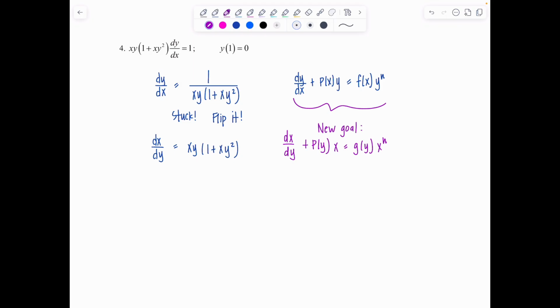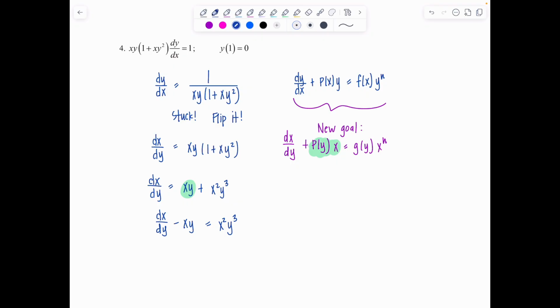I think so. I mean, I wouldn't have told you to flip it if it was going nowhere. Okay, so dx/dy equals xy plus x squared y cubed. Okay, so the term with plain old x needs to go on the left. See that? Okay, so dx/dy minus xy equals x squared y cubed.